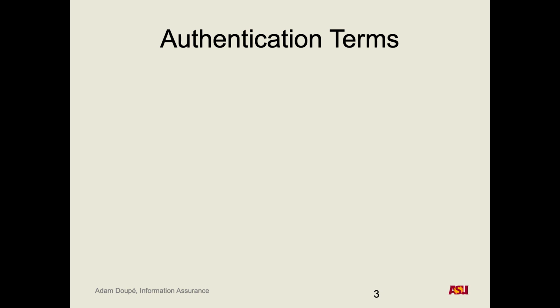Okay, so let's use email, like Gmail. Why is your username and password important there? So you can access accounts, but how do they know that those accounts are your accounts?